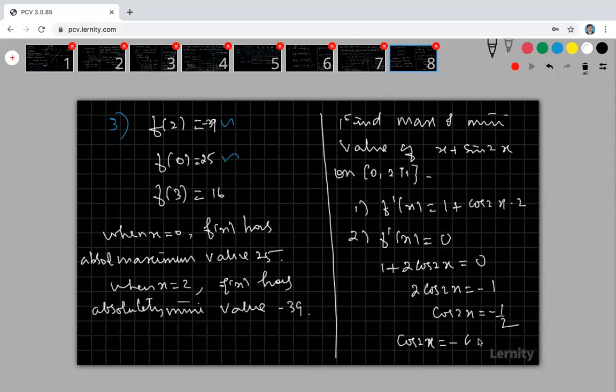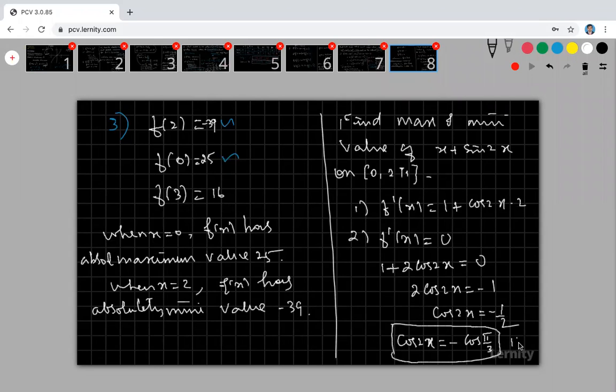My cos of pi by 3 is 1 by 2. So it is minus cos pi by 3. Right. Now solve this. You will get some x values.